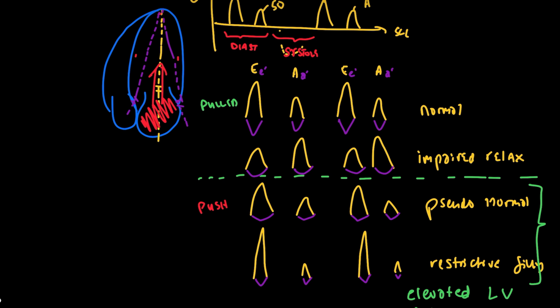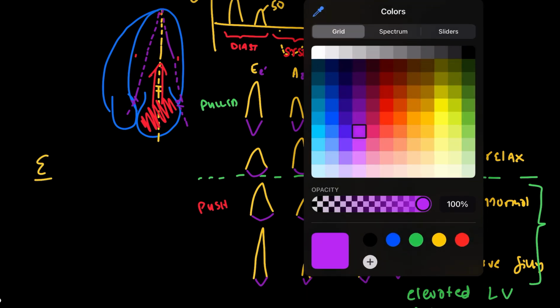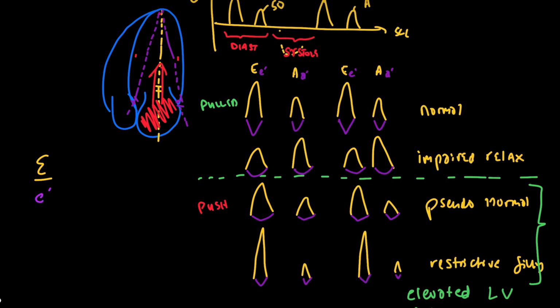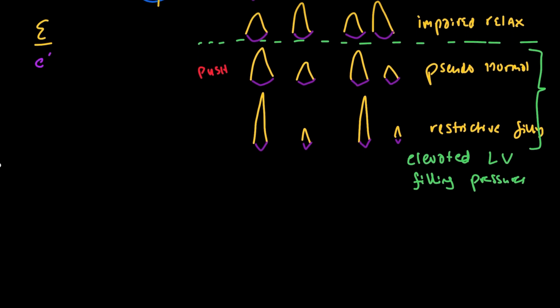How can we use this to our advantage? Well, what if we were to take a look at the ratio of E over E prime? That actually can tell us a lot about how the heart is filling. And so just for a little bit of clarity, I'm going to draw down here.